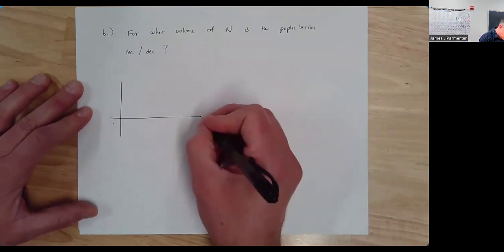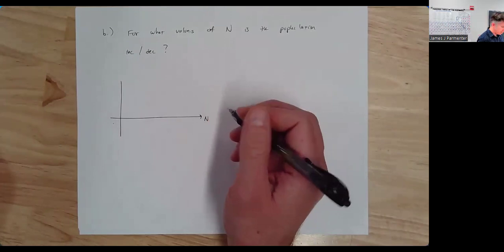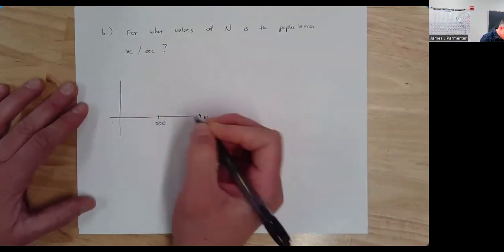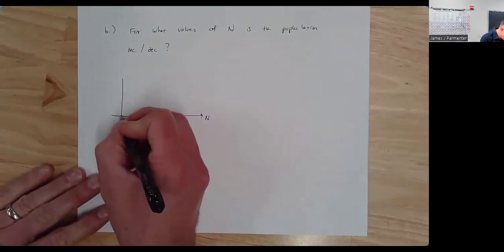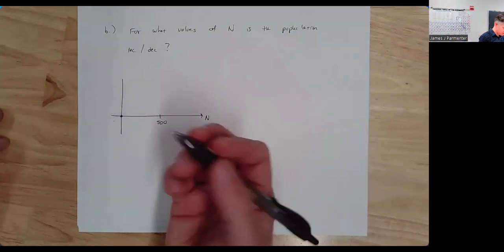So here's n on the horizontal axis. And we know that when n is 500, n is neither increasing nor decreasing because the derivative is 0. Similarly, when n is 0, same deal. The population isn't increasing or decreasing.